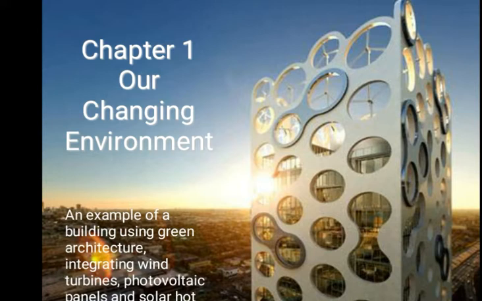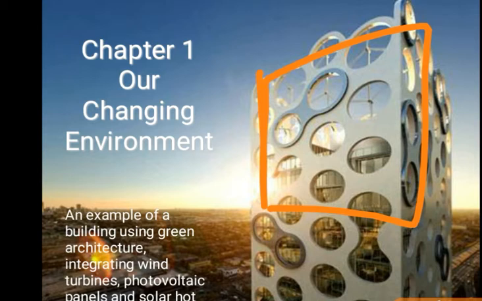This will discuss an example of a building using green architecture, integrating wind turbine, photovoltaic panels and solar hot water generators. So here you can see this building is having a good architecture which is very sustainable to environment.